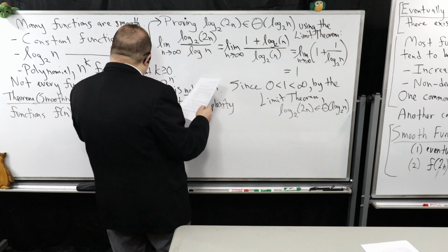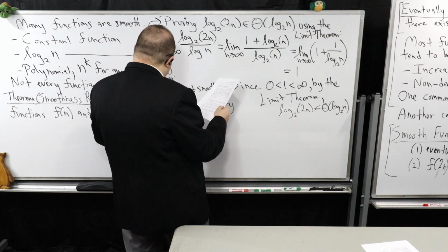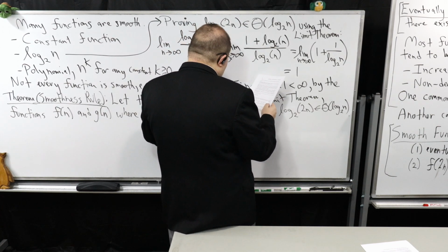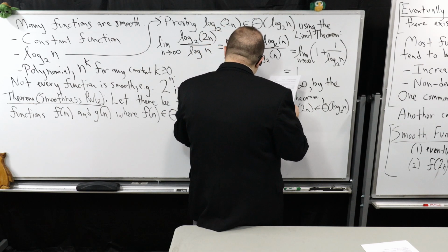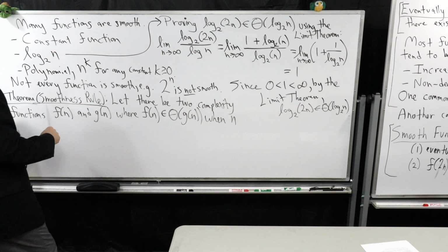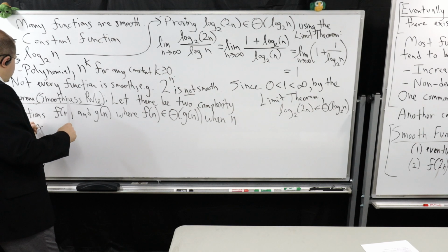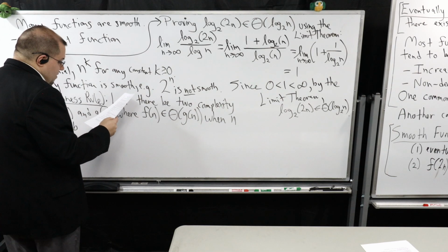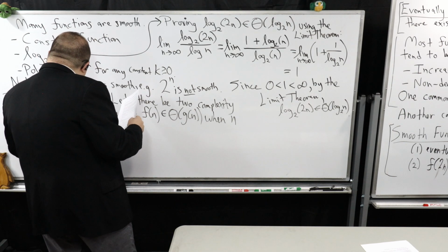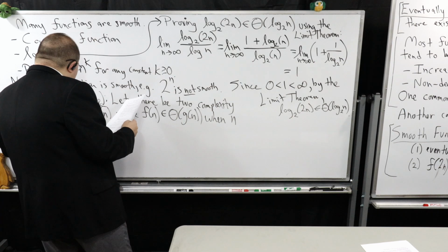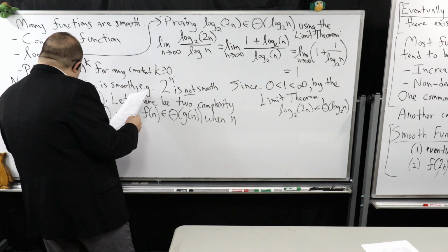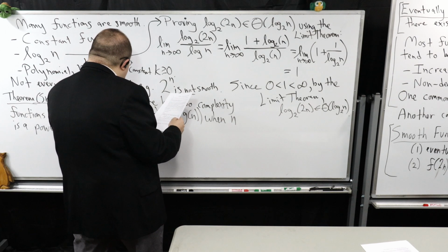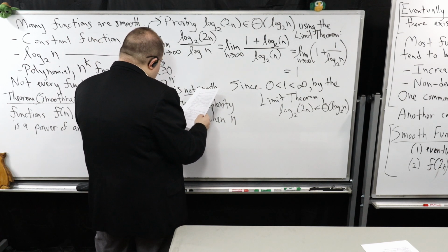where f, just to be a bit more exact, f is big theta of g when n is a power of an integer constant b greater or equal to 2.